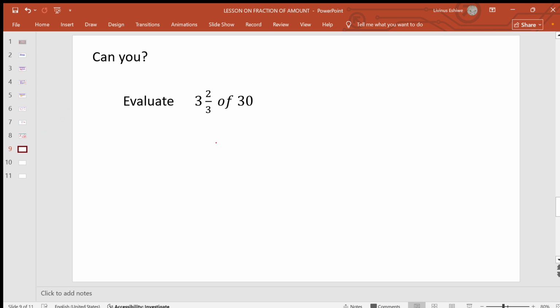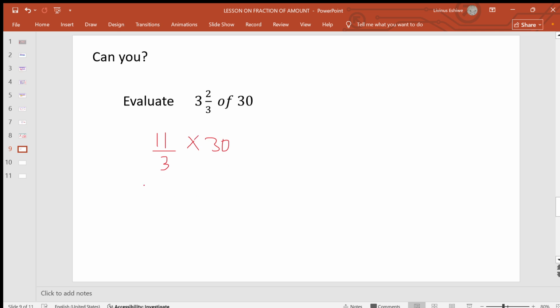Alright, I believe you have given that a shot, and if you got it, that's good. But if you did not, let me walk you through the solution. Simply, I'll convert these two into improper fractions, and this will become 3 multiplied by 3, 9, then plus 2. That is 11 over 3 of 30.